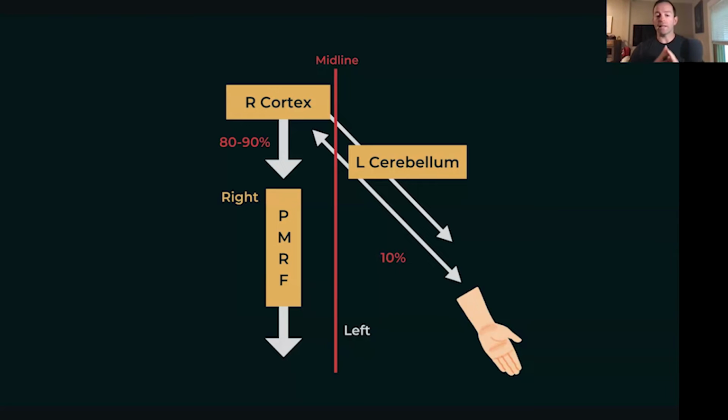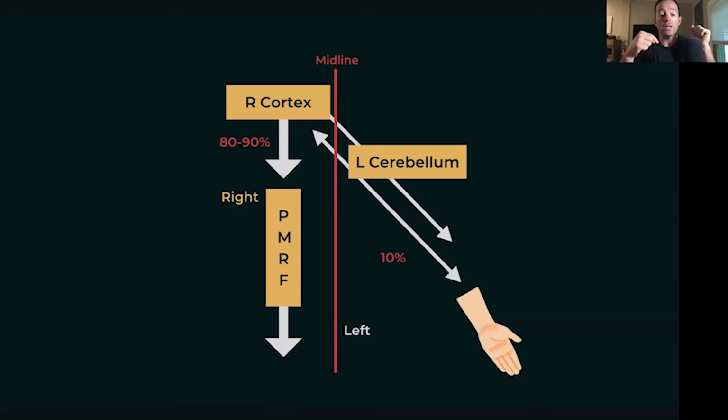Now, let's go back in our thought process to the neurology of movement, which is shown here in this graphic. Remember now, if you move your left hand, do it with me, open and close your hand. If you move your left hand, that movement is initiated by the right cortex, okay? And the right cortex is going to become active, and it's going to fire down into the right PMRF.